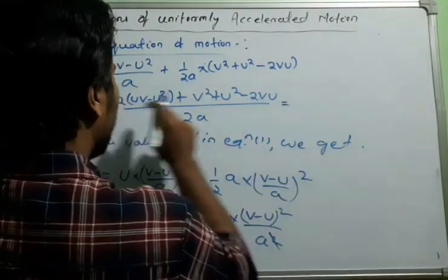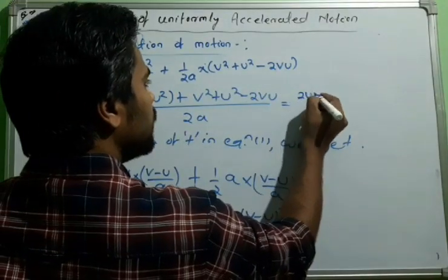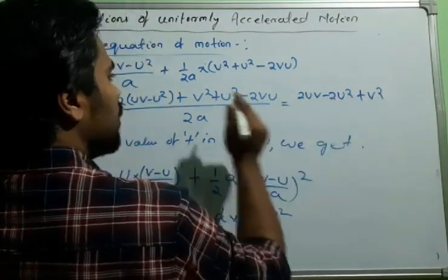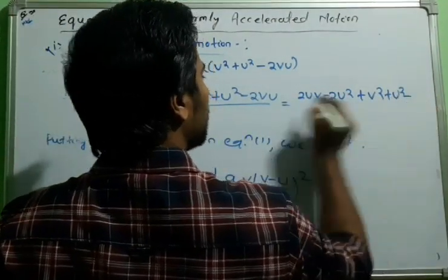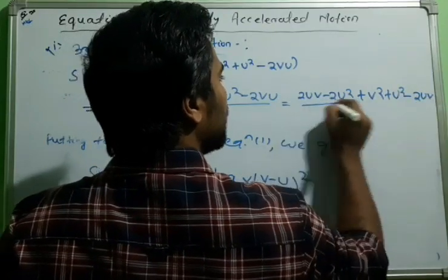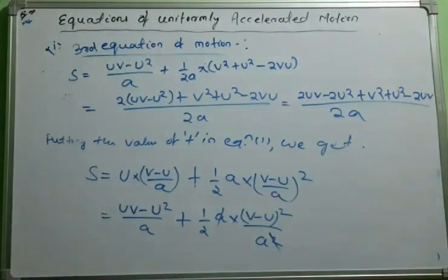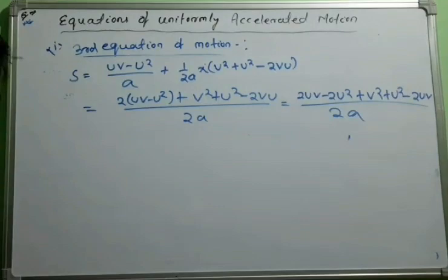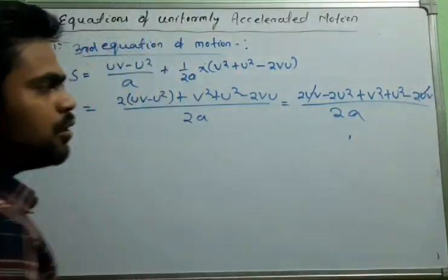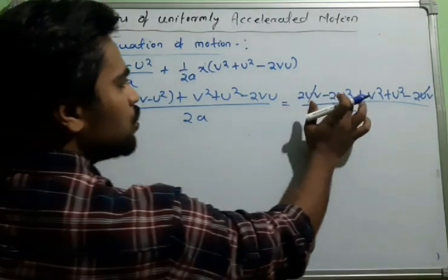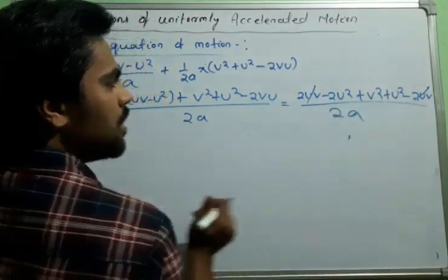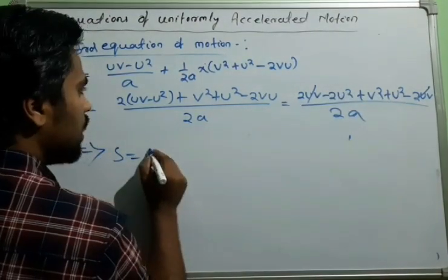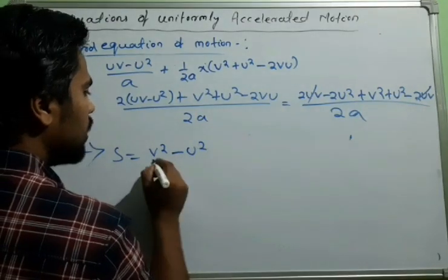Is equal to 2 into 2UV minus 2U square plus V square plus U square minus 2UV divided by 2A. Now 2UV minus 2UV cancel each other. This one, minus 2U square plus U square is equal to minus U square. That implies that S is equal to V square minus U square divided by 2A.